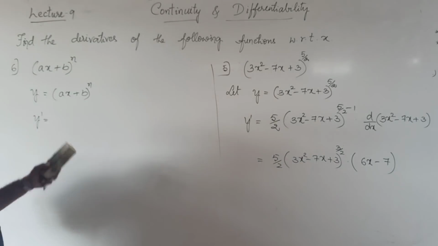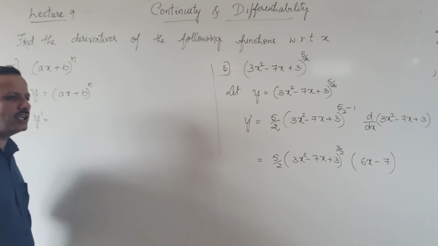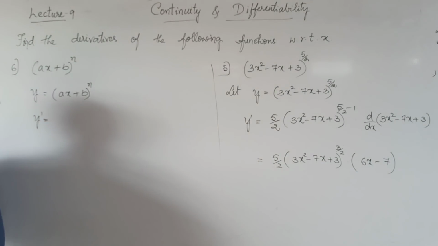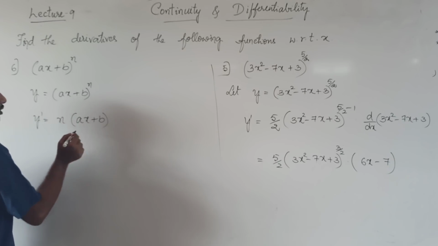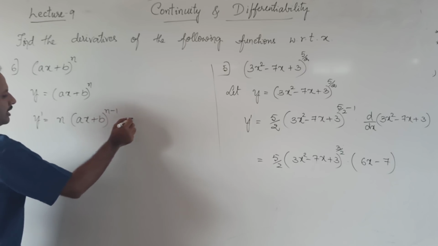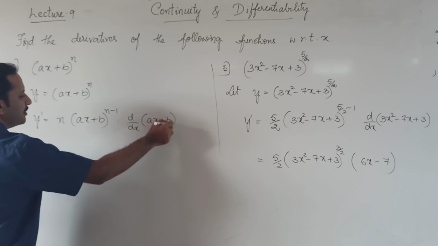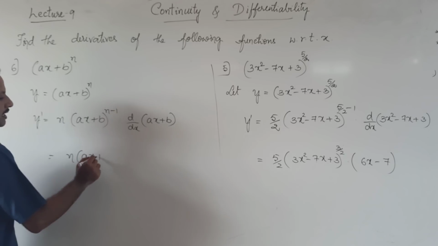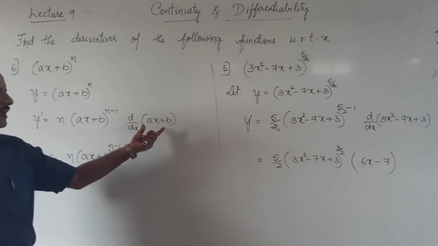Y dash equal to... This is of the form x power n. What is the derivative of x power n? The derivative of x power n is n into x to the power n minus 1. So the derivative of ax plus b whole power n is n into ax plus b whole power n minus 1 into the derivative of ax plus b.